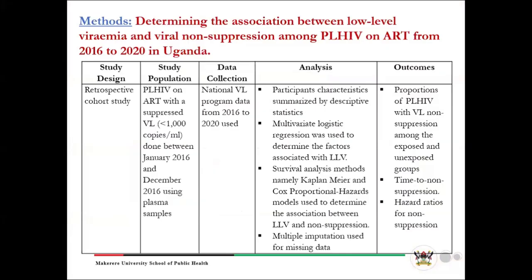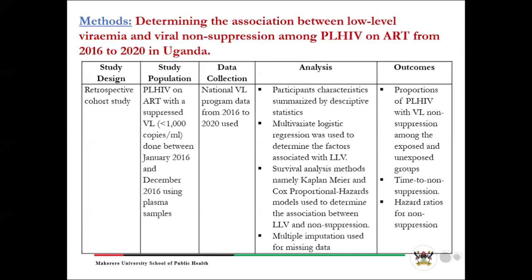And basically, in the first objective, which was to determine the association between low-level viremia and viral suppression among people living with HIV in Uganda, this was a retrospective cohort study, and it involved the people living with HIV who had a suppressed viral load. Whether they had low-level viremia or an undetectable viral load, they were involved.